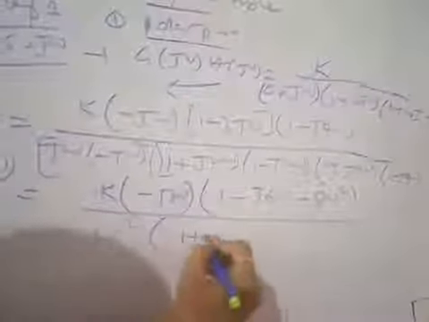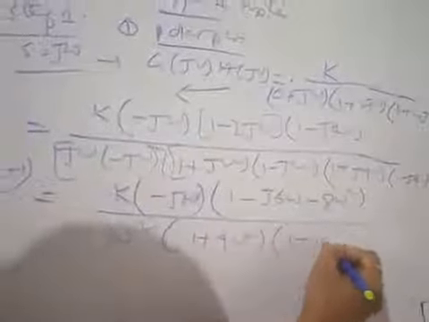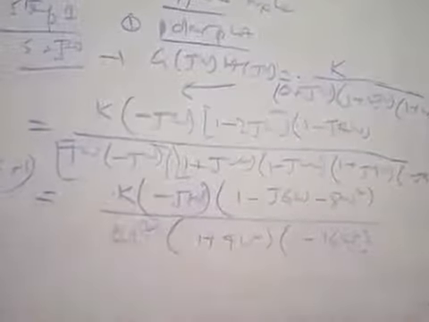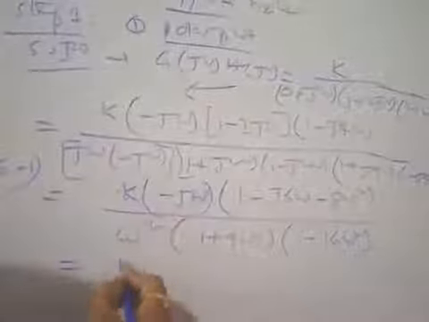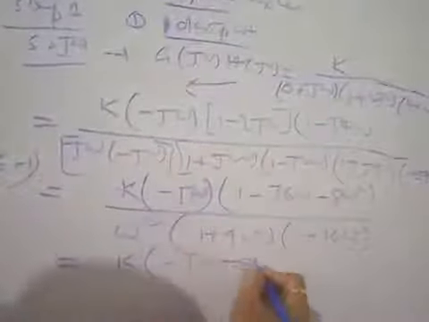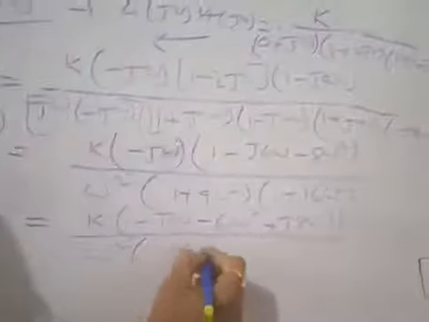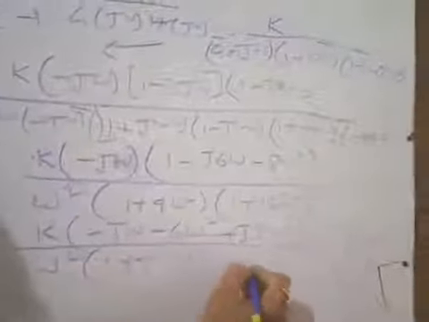And similarly in the denominator this is omega square, 1 plus 4 omega square into 1 plus 16 omega square. Now in the numerator part you get k into minus j omega plus minus 6 omega square plus j 8 omega cube. Right? And the denominator, the term is omega square, 1 plus 4 omega square into 1 plus 16 omega square.